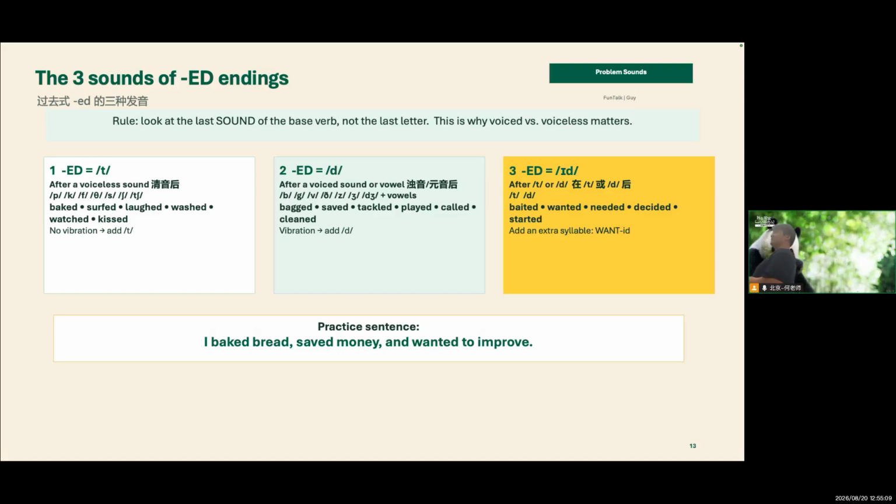So let's look at number one here, the T ending. 你看这个 baked, 这个 ed 变成 T 的发音. So B A K, K 是清辅音, 所以这个会影响到 ed 的发音.